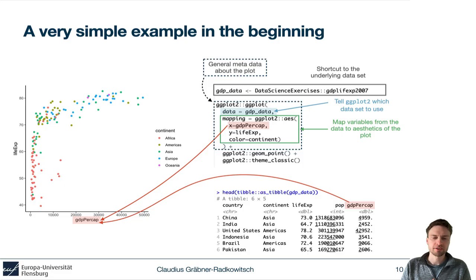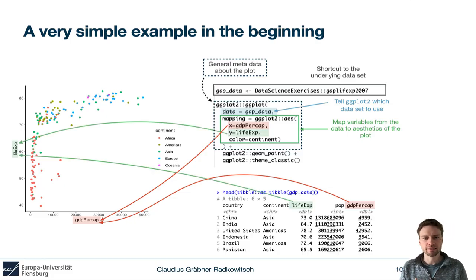In this case, for example, the x-axis should be associated with the variable GDP per capita. So you see, from the data set, the variable GDP per cap is mapped on the x-axis of the plot. Similarly, the y-axis is the variable life expectancy.